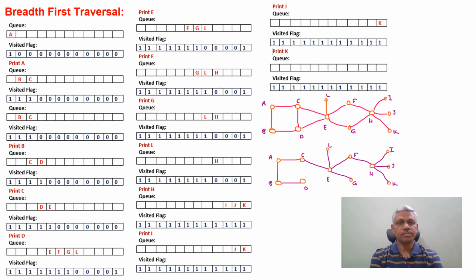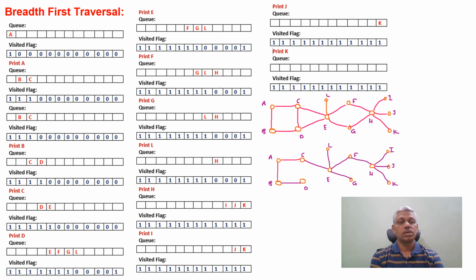So print A. Once it is printed, immediately we need to push the vertices that are adjacent to A. B and C are the vertices adjacent to A. So push them into the queue, B comma C, and mark their flags as visited in the visited flag array, 1 comma 1.